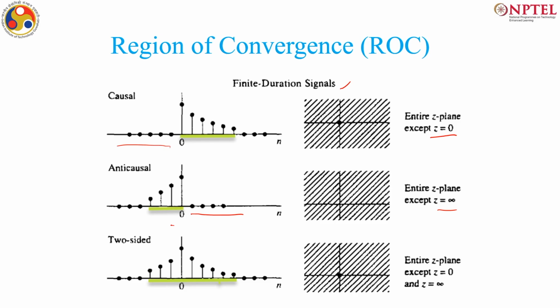And if it is a two-sided finite signal, having values for both positive and negative indices of n, then the ROC again will be the entire z plane except z equals 0 and z equals infinity.